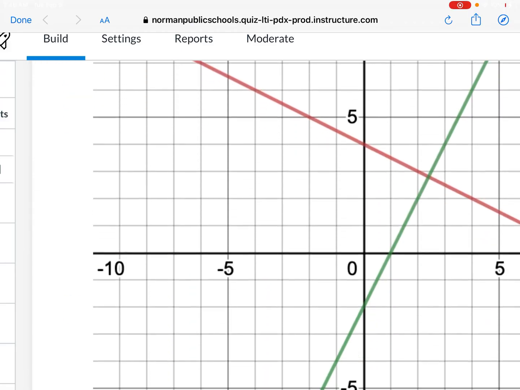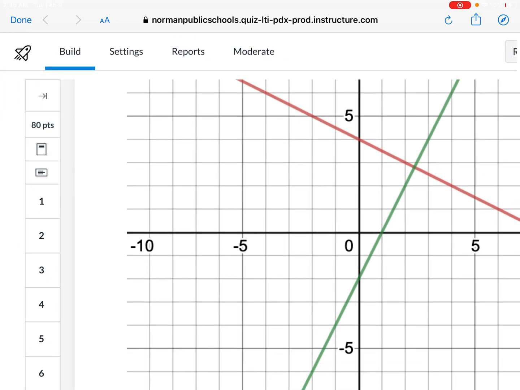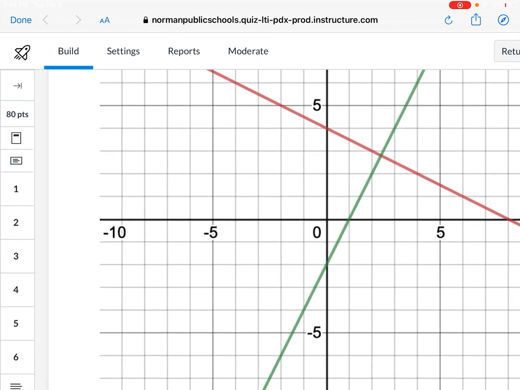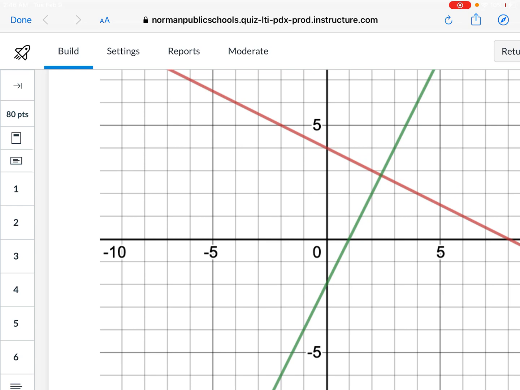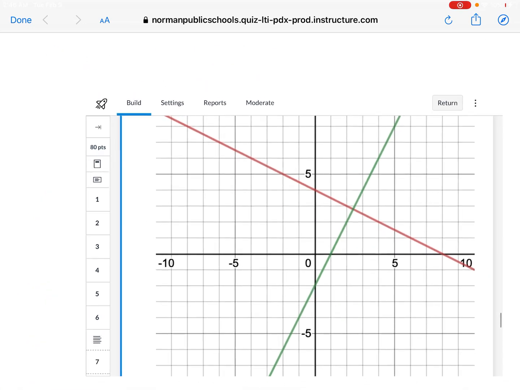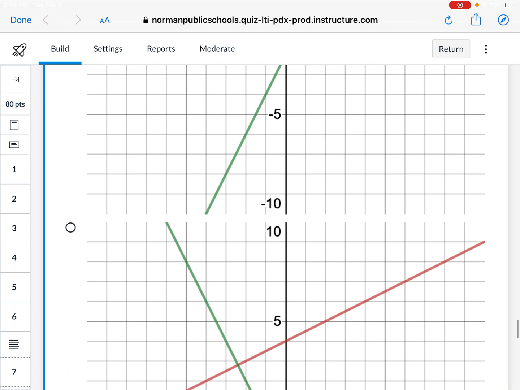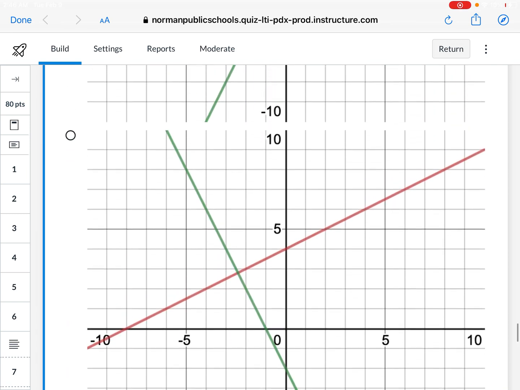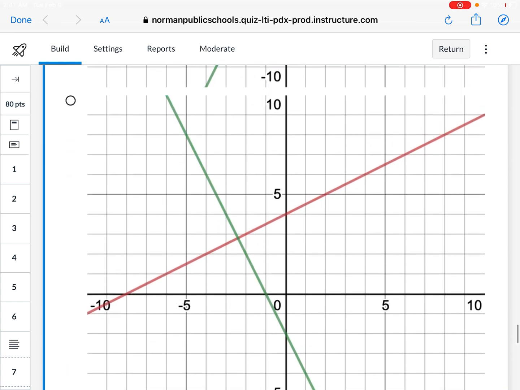So right here on the first one on mine, you can clearly see that the little x is on the right side, and you've got a y-intercept of 4, a y-intercept of -2, and then you can check your slopes. Up 2, right 1, so the green line fits. Down 1, right 2, so the red line fits. So that's your answer right here, the first one.